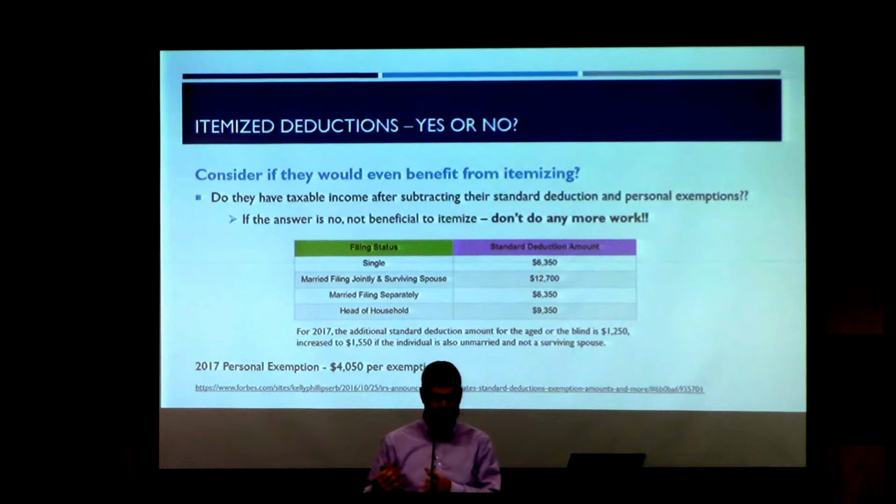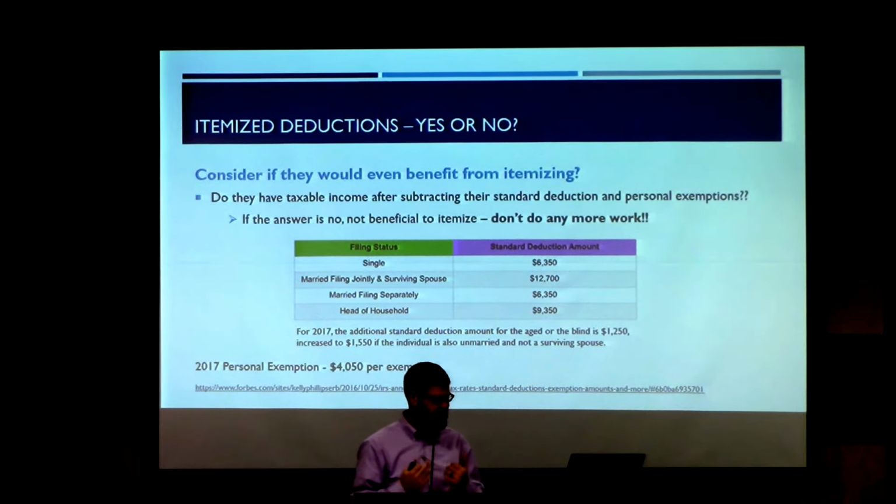The average income of our clients is just over $21,000, so that's a big portion of our clients. That will eliminate all of their taxable income immediately. So in that scenario, it is absolutely pointless to itemize deductions, to talk about itemizing deductions, to think about itemizing deductions. We mentioned this just to show that there's not going to be a lot of times at VITA where we will be itemizing.